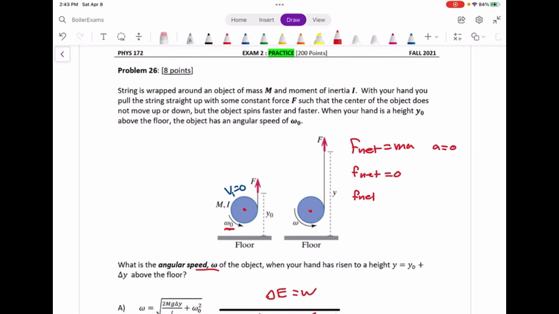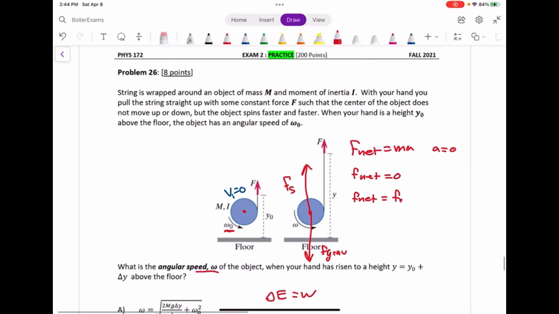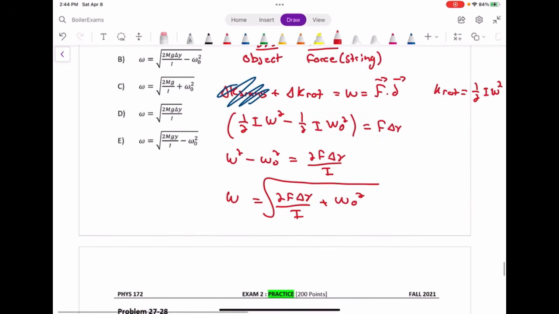If we do our force balance, you've got the F of the string pulling up, and then there's the F of gravity. So F string minus Fg has got to be 0. Therefore, if you just add over Fg, F string equals Fg, and Fg is mg. So the force of the string has to be equal to mg.